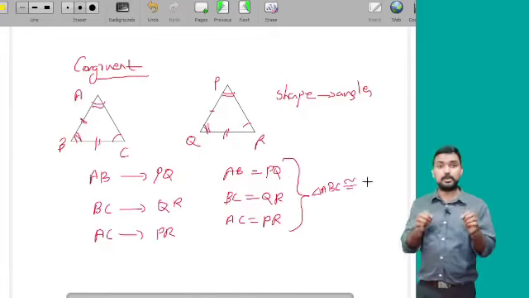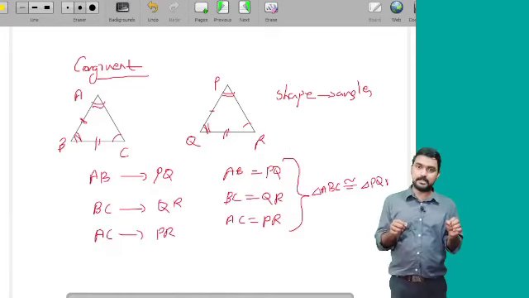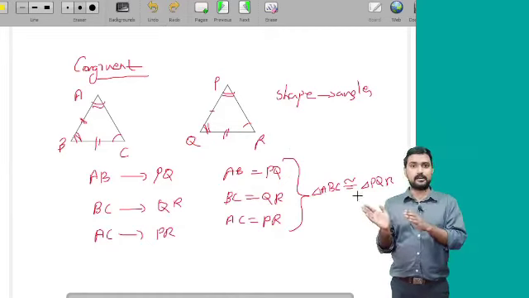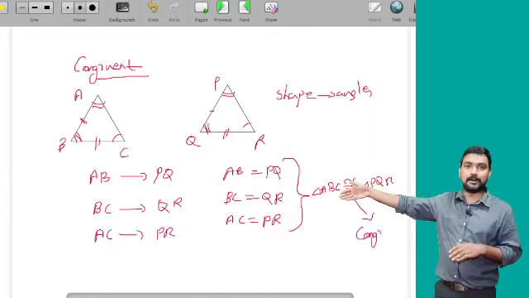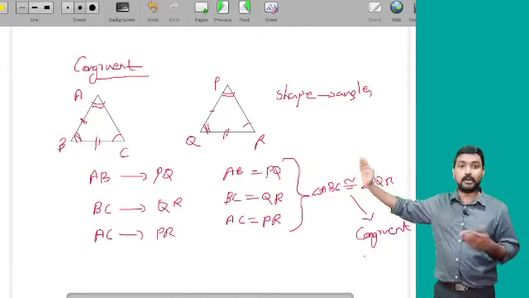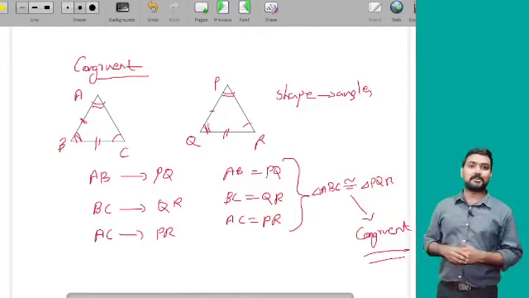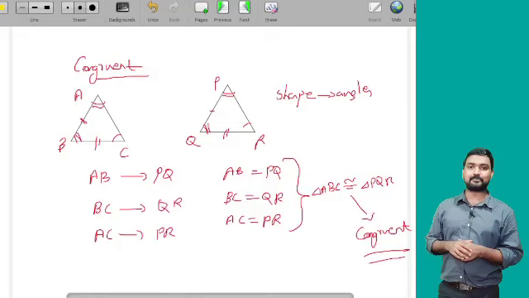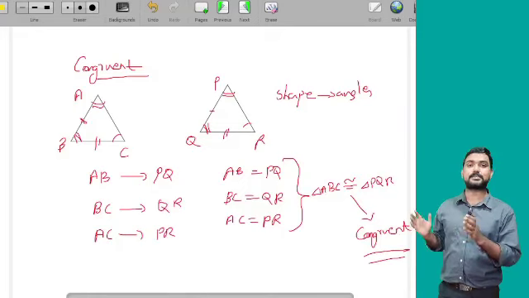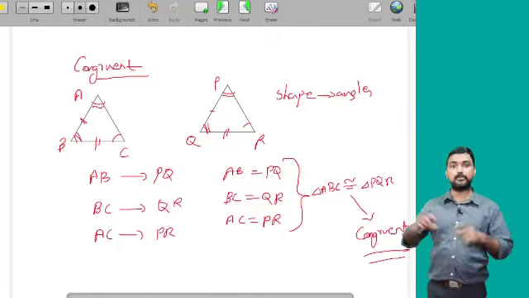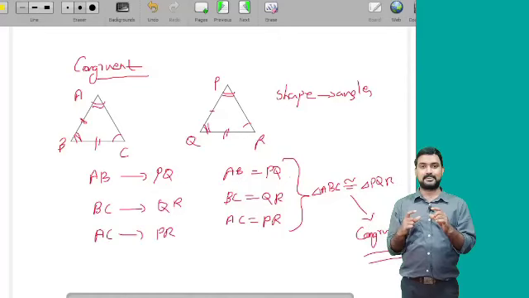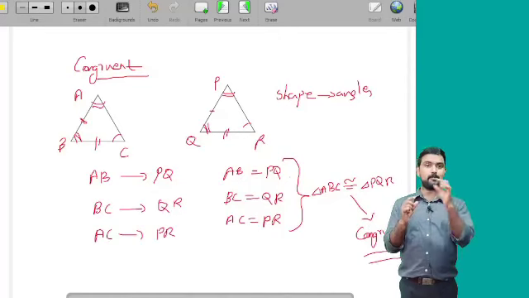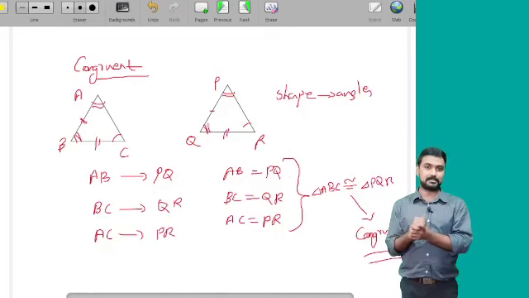So what are congruent triangles? Congruent triangles means the two triangles' sides are equal. Which sides? Corresponding sides. This AB will not be equal to PR. AB is equal to PQ. Why? Because those two sides are corresponding. For example, if we see two pens, they are congruent, which means their top will be compared to the top of the second pen.